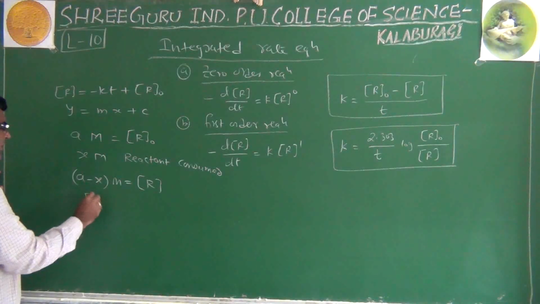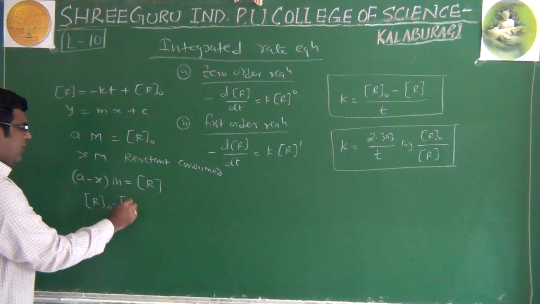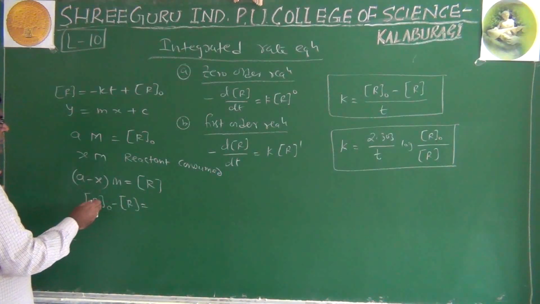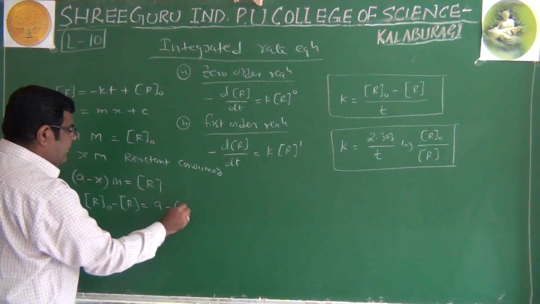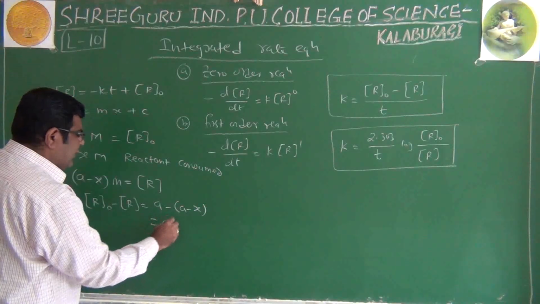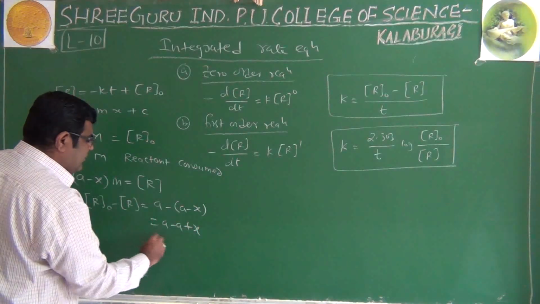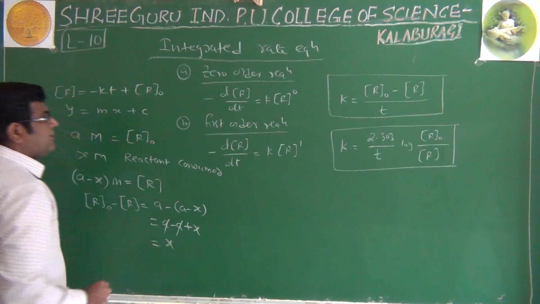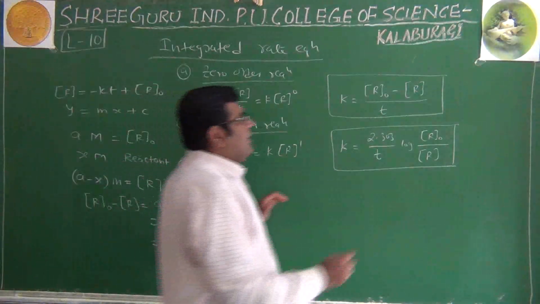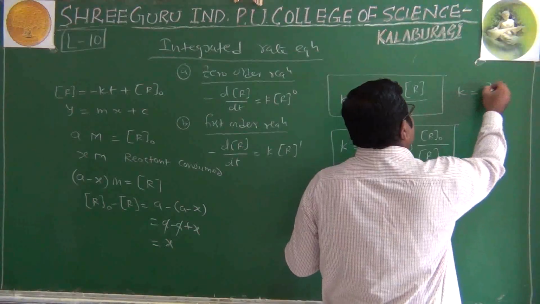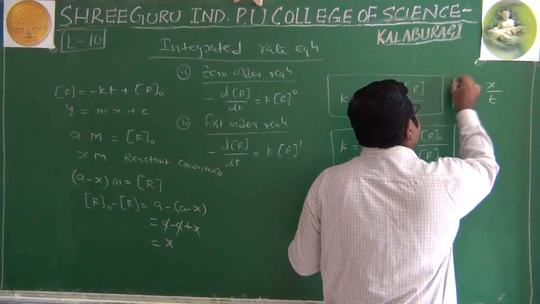R0 minus R, where R0 is A and R is A minus X, gives A minus A plus X. So this cancels and this becomes X. Alternatively we can write this as K equals X by T.